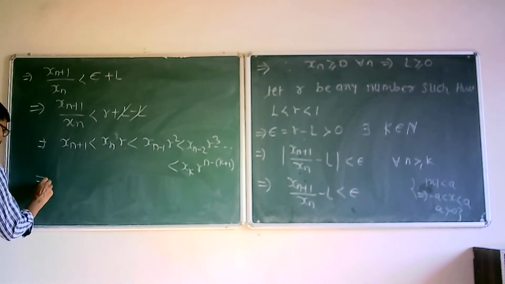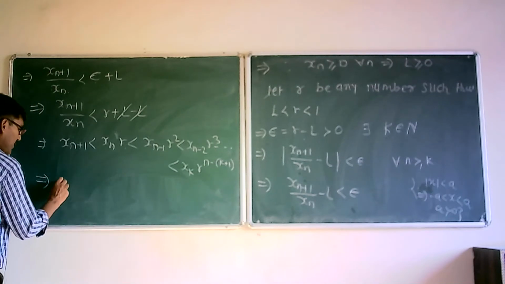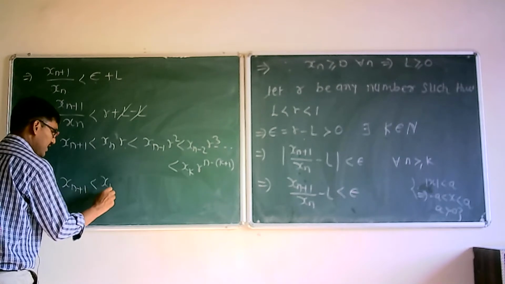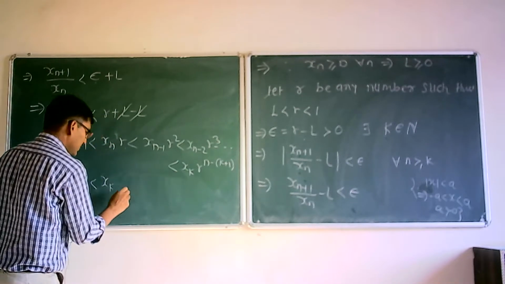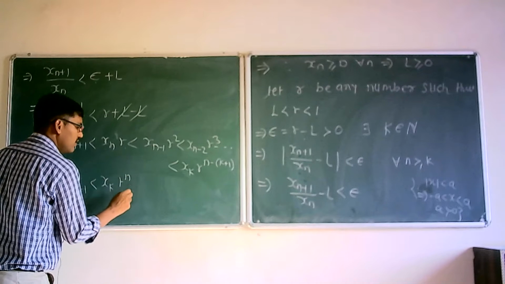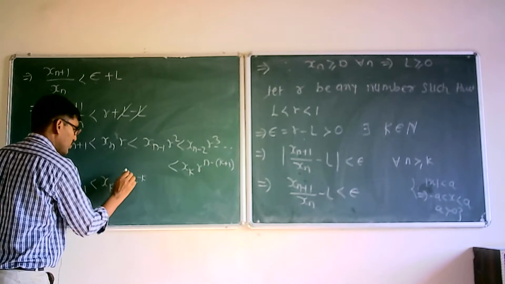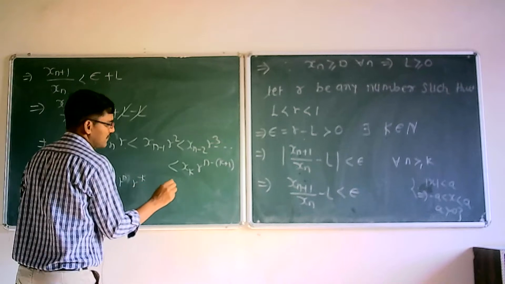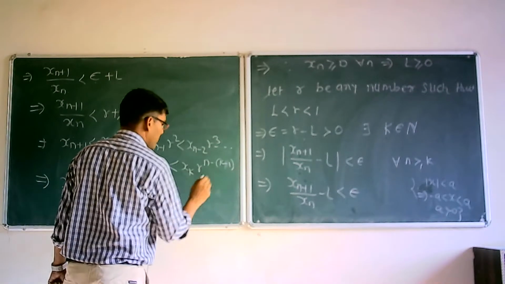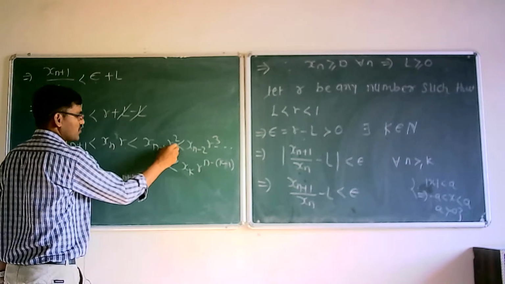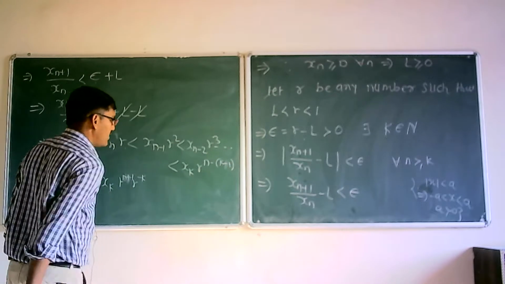So what this implies? xn plus 1 is less than xk. If we simplify this term, then it is R raised to n plus 1 minus k. Sorry, not k plus 1, n plus 1, because here R square, R cube, so it is k minus 1.